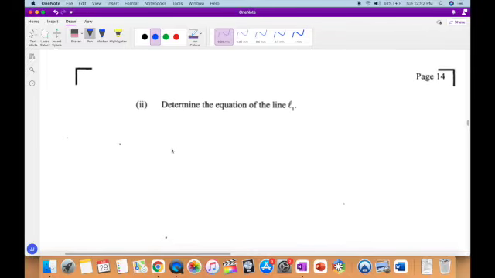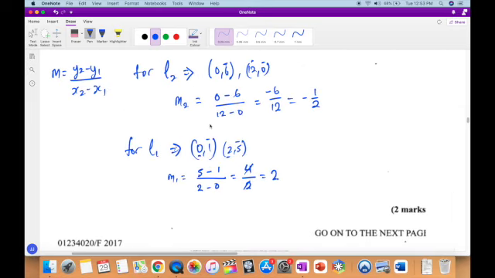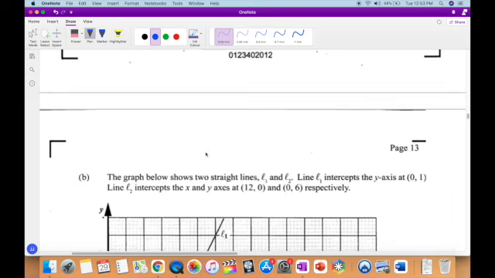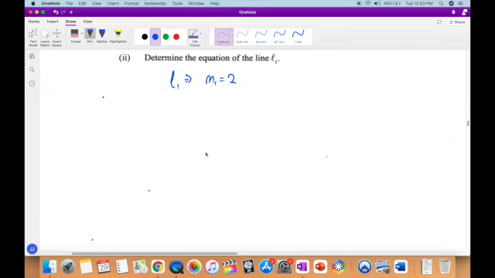Determine the equation of L1. Well, I have a point on L1, so L1 implies the gradient M1, which is 2, and then I have 1 point, which is, let's use the point that they gave us in the question, 0, 1, right? Yes, 0, 1. So I have that point 0, 1. And I could tell that C is from the point 0, 1.